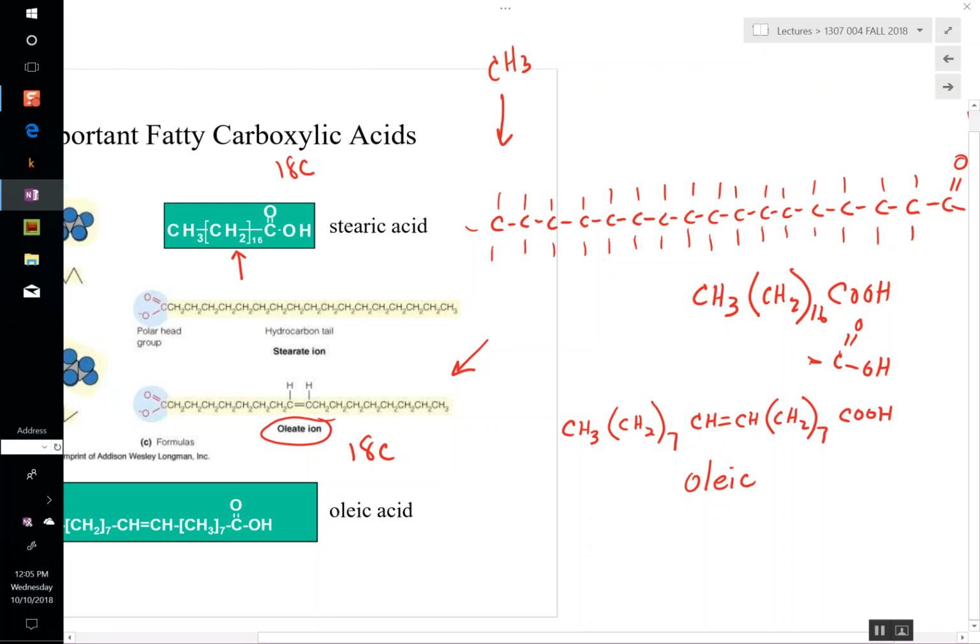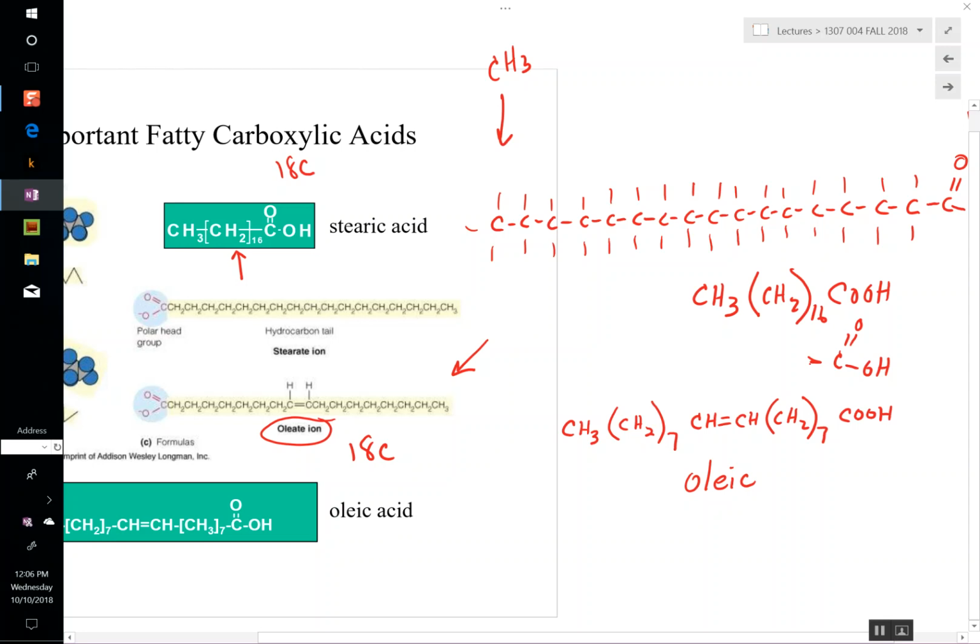Okay? Are they both saturated fatty acids? No. Asenath asks a good question. This is a saturated fatty acid. This is an unsaturated. Remember, when you see a double bond, that is an area of unsaturation. This is not a polyunsaturated fatty acid. Poly means many. This is only one.